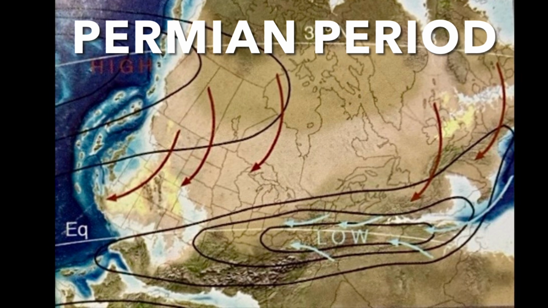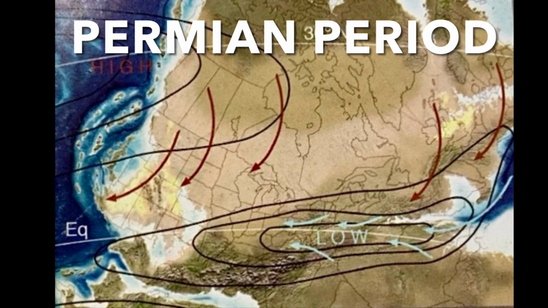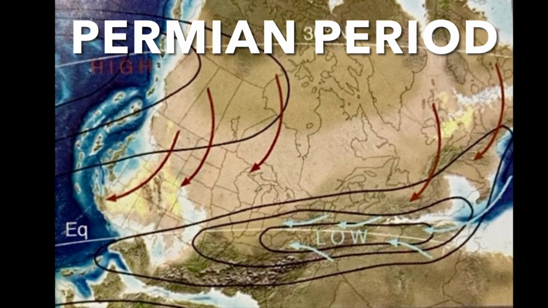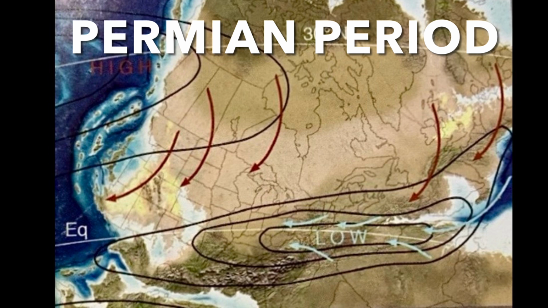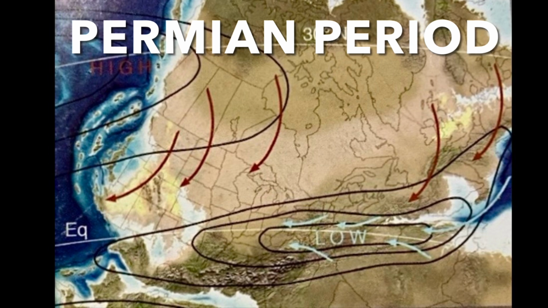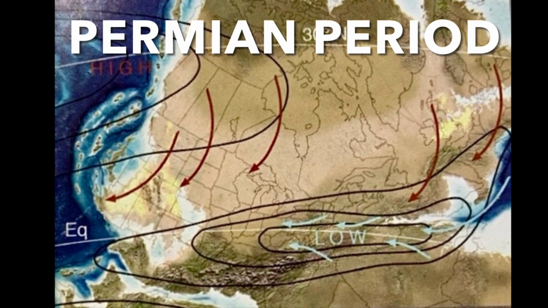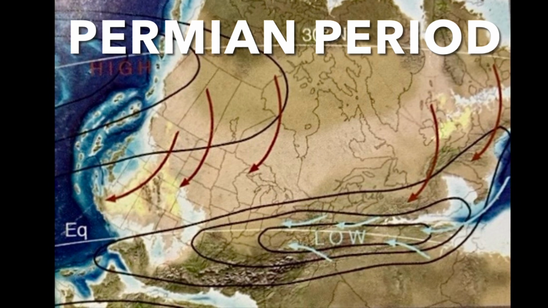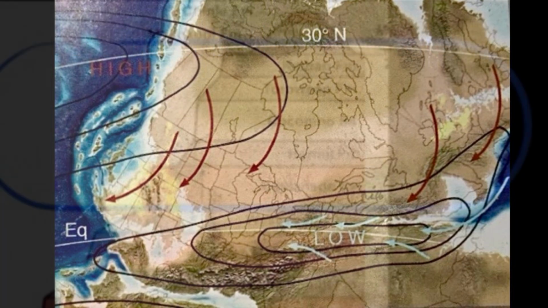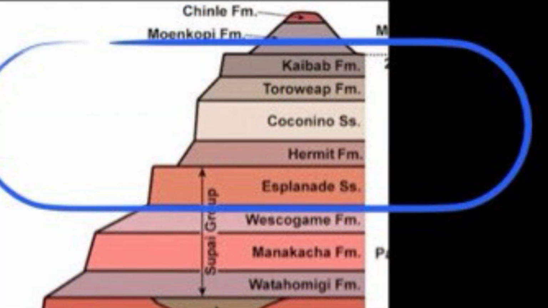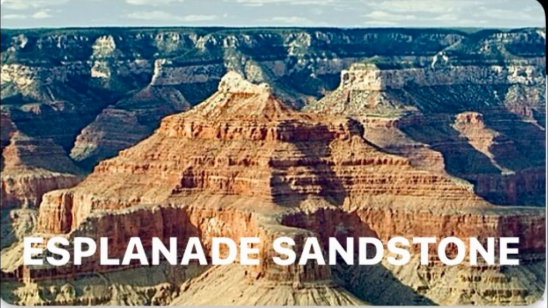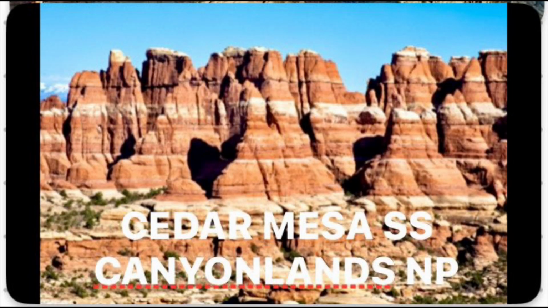These strong, consistent northeast winds associated with the dry climate picked up sand and began to pile it into sand dunes blown toward the west and southwest, creating the first of the great sand dune deserts that would come to dominate the area in the future. This first layer of sand dunes became the Esplanade sandstone in the Grand Canyon, and also the very picturesque Cedar Mesa sandstone of Canyonlands National Park Needles section, where Grammy and I have spent many a day frolicking among these beautiful rocks.